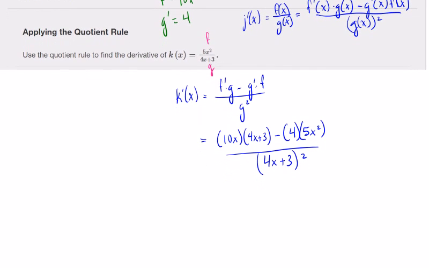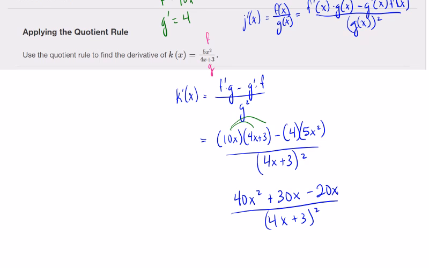All right, so now I'm going to simplify. So here I'm going to distribute, and here I'm just going to multiply these together, right? There's no distribution needed because those are monomials. So we have 40x squared, 10x times 4x, and then 10x times 3 is 30x, minus 4 times 5x squared is 20x squared. And then the bottom, we can just leave that like this. There's no need to expand that because there's nothing we're adding or subtracting.